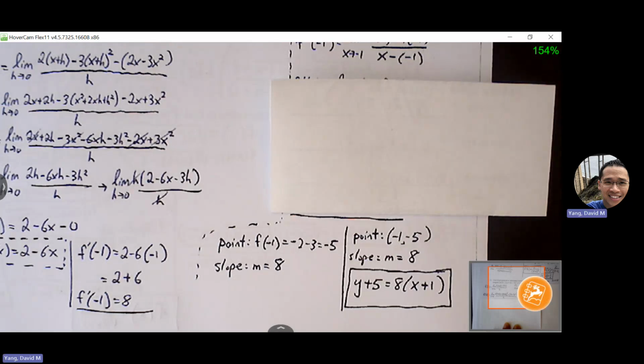So if I plug -1 back into the original function, I'll get a y value of -5. So -2 minus 3 is -5. So I have my ordered pair, I have my slope, and this is my point slope form.